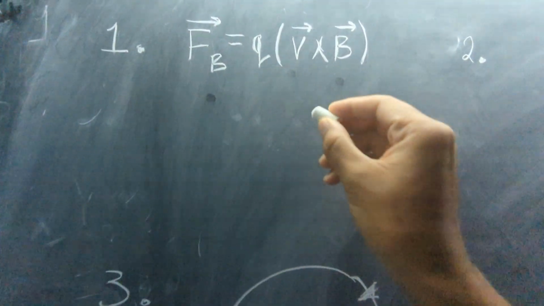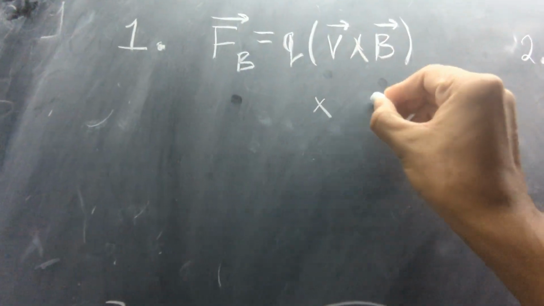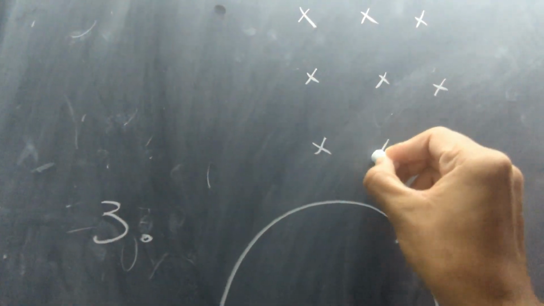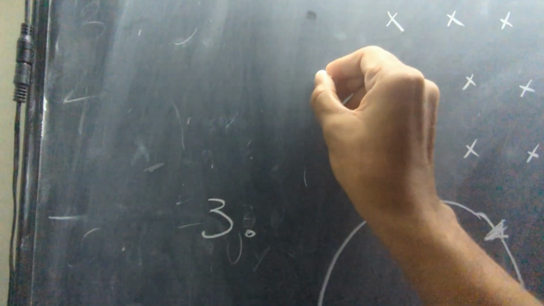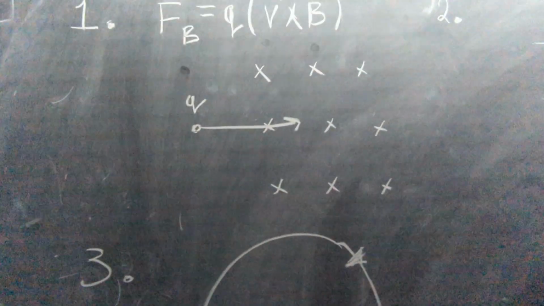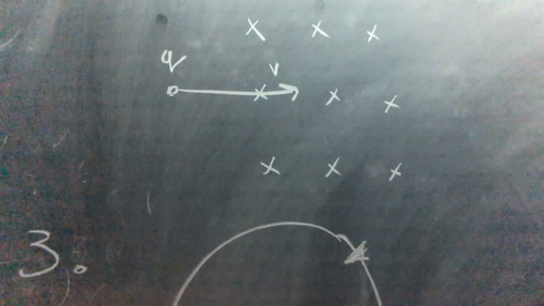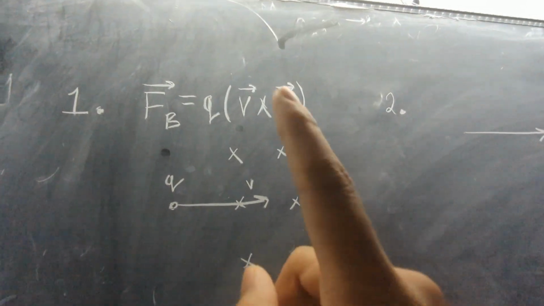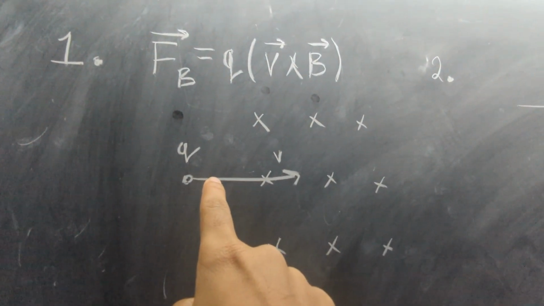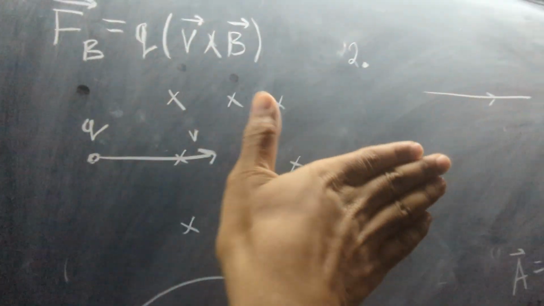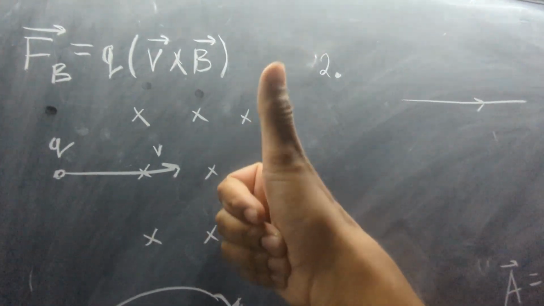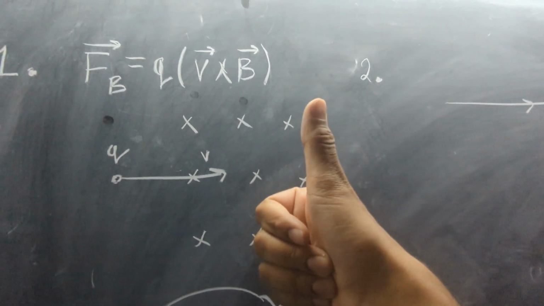So if you have a magnetic field like this, going into the board, and this is some charge Q entering this magnetic field, that means it has velocity to the right. So I curl my fingers of my right hand from the direction of V, to the right, into the board, and the thumb will point to the direction of the force.